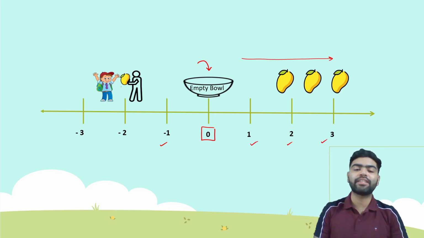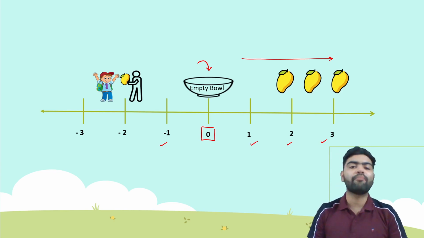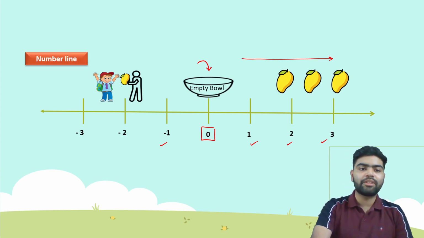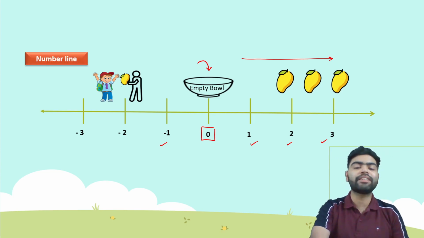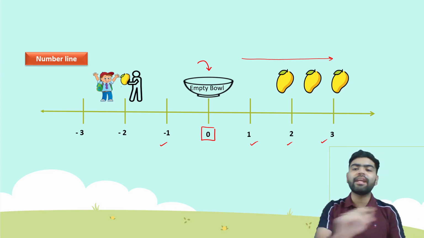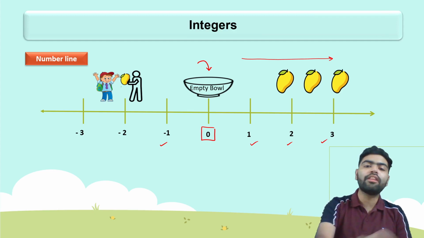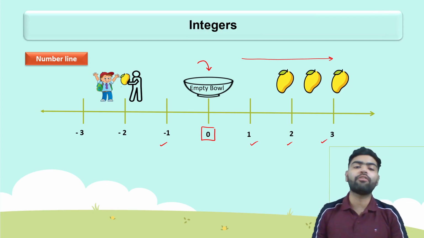Instead of representing it to the right of 0, I am representing it to the left of 0 over here. This concept of representing all the numbers in a line is known as a number line, and all the numbers represented over here are known as integers.